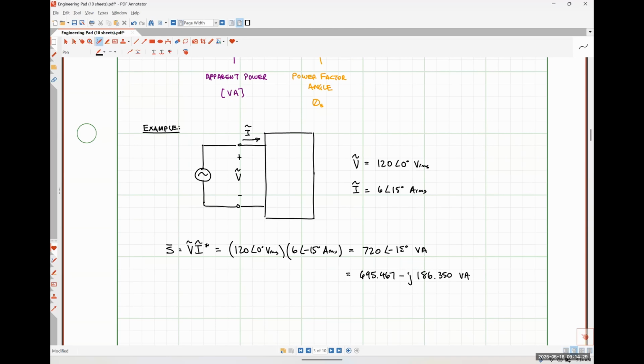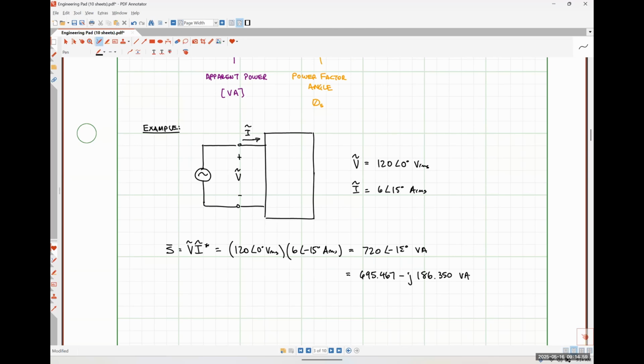So if I asked you for the average power, which one of those numbers is average power? The 695.467. What if I wanted the apparent power and the reactive power? Negative 186.350 is the reactive power.